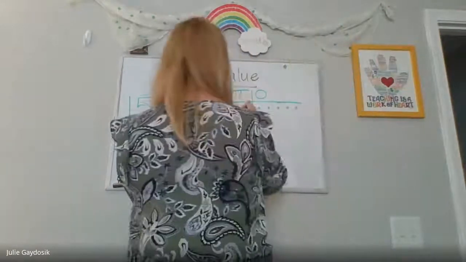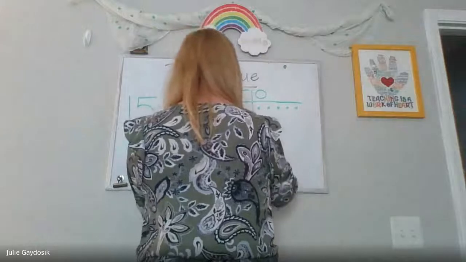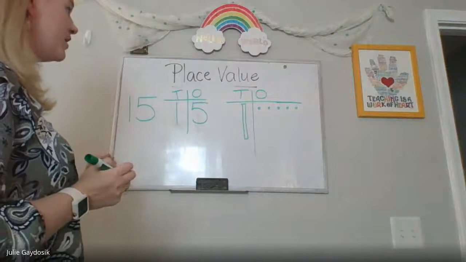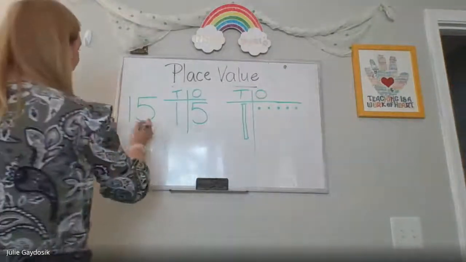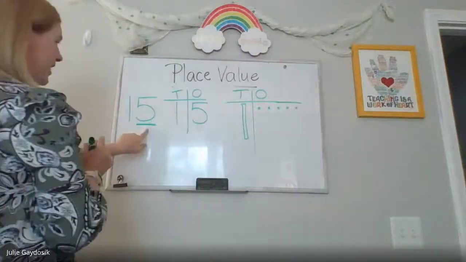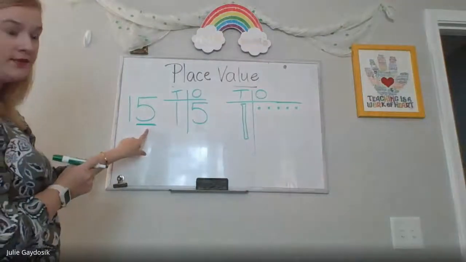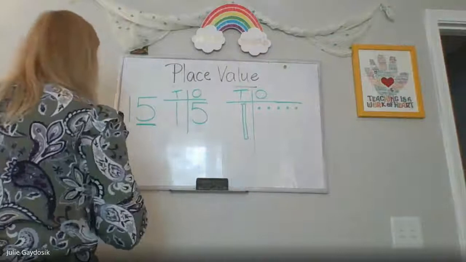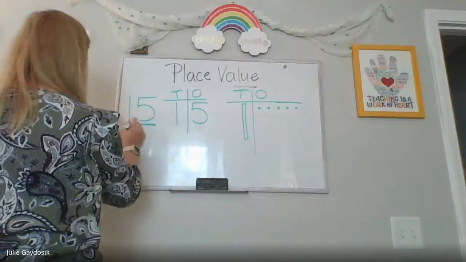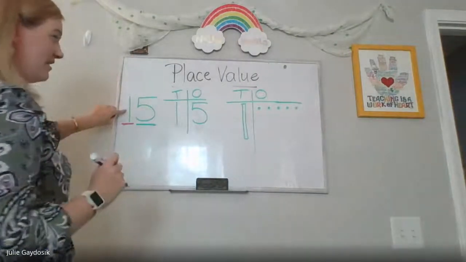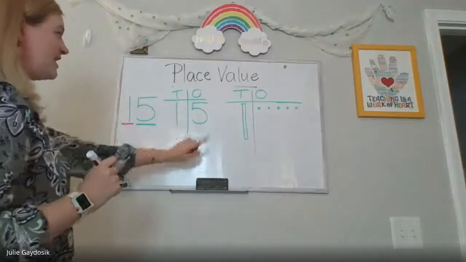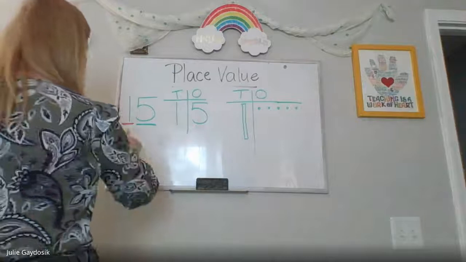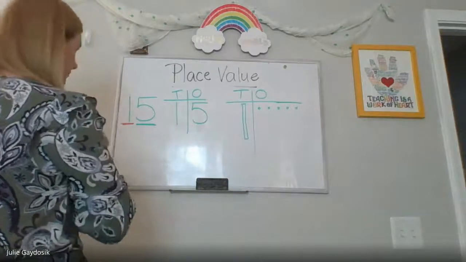And then we have 1 ten, or 1 stick. So I could say that the value of this place is 5 ones, but the value of this place is 1 ten. So the value of 15 is 1 ten and 5 ones.